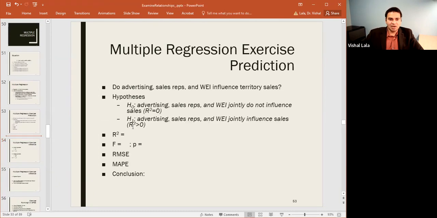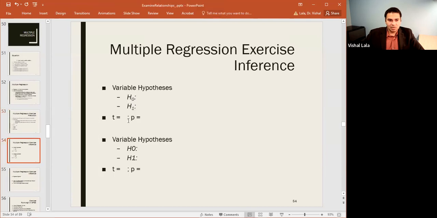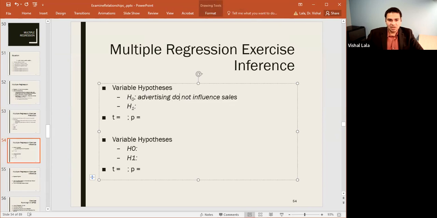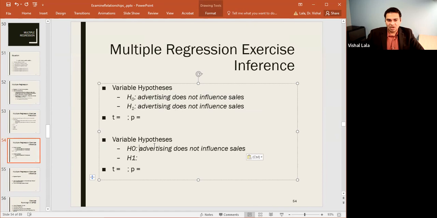So here you can start to write up hypotheses individually as something like this. Advertising does not influence sales, and then advertising influences sales. And we can do this for every individual variable of ours. We have 3, so that'd be reps.